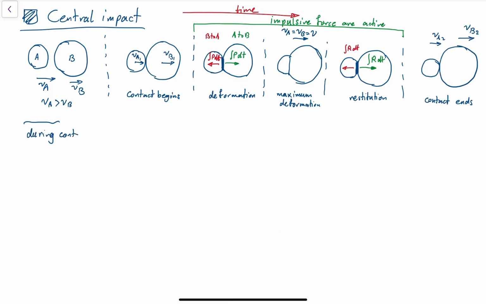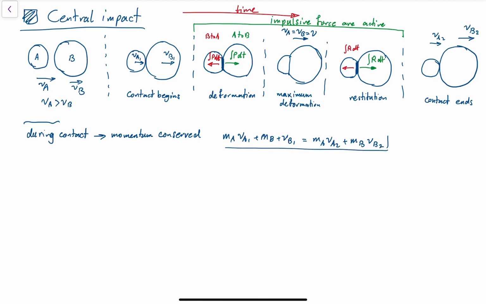During contact, momentum is conserved, and that means mass of A times VA at the beginning plus mass of B times VB at the beginning must equal the final condition, mass of A times VA2 plus mass of B times VB2.